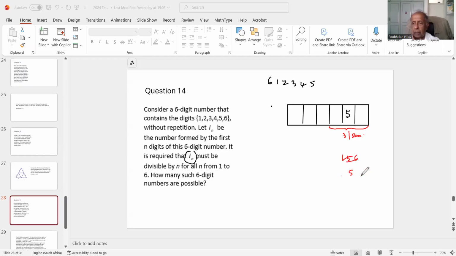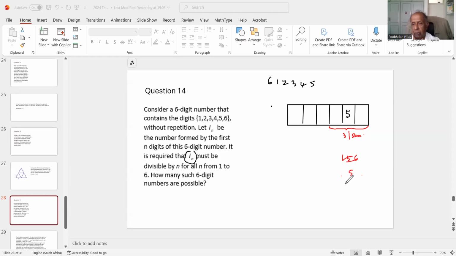These two add up to 6. No, wait a minute. These two can't add up to 1. That's impossible. 5 plus 1 is 6 here, but it can't add up to 1. The next multiple of 3 is 9. Can these two add up to 9? That means those two add up to 4.